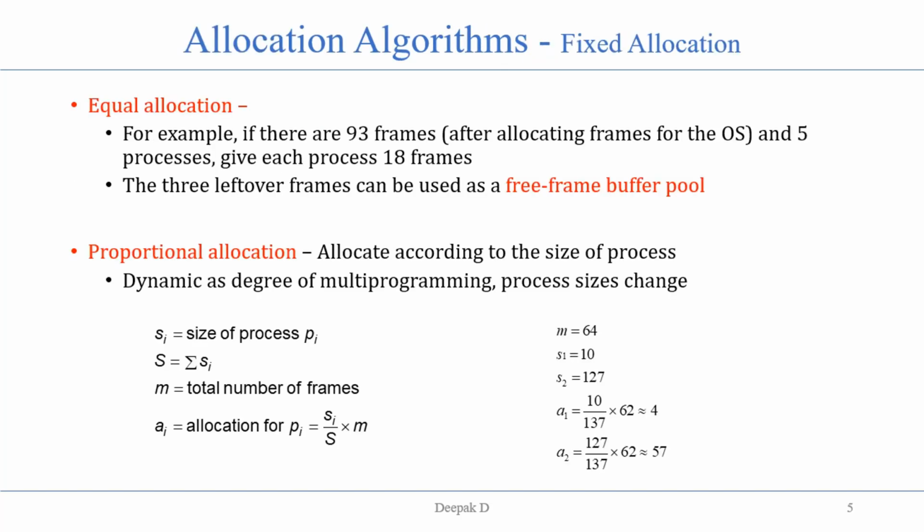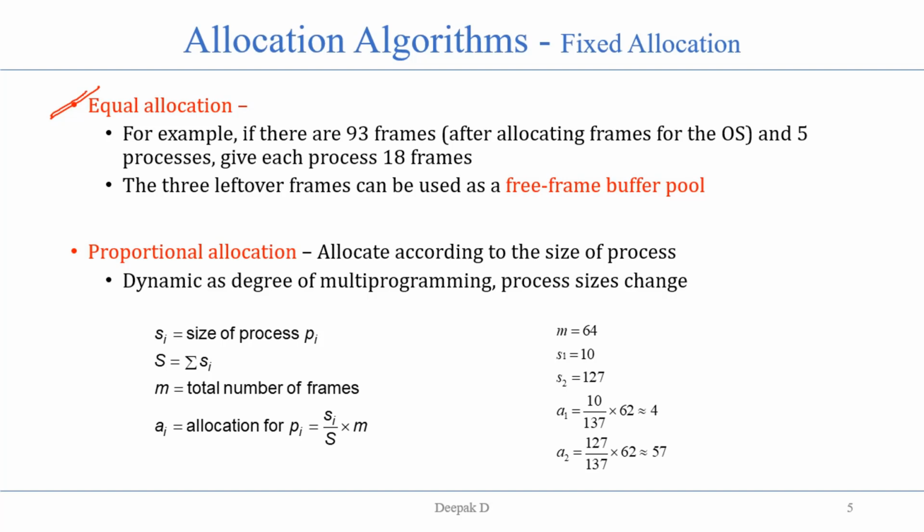So in the fixed allocation, we shall consider the first step, which is the equal allocation. This is one of the easiest ways to split frames among n processes, so that each process will get an equal share. Let us take an example here.